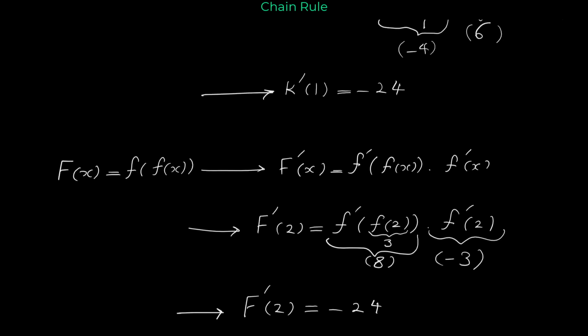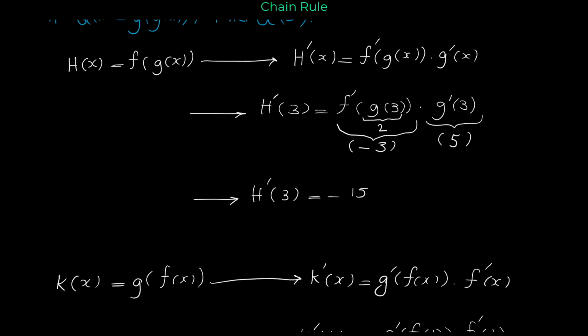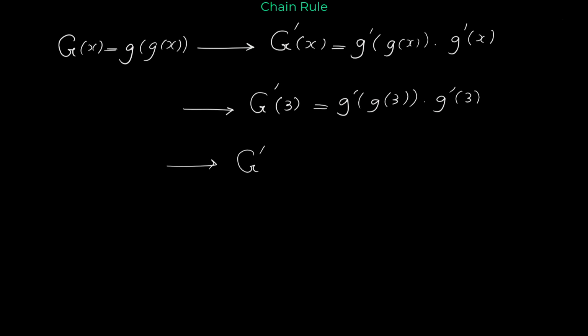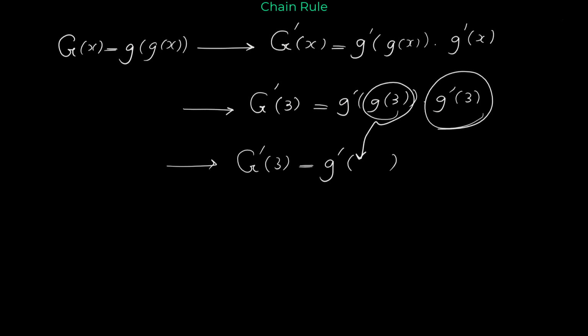Now plug in 3 for x. So we have G prime at 3 equals g prime of g of 3 times g prime at 3. G prime of 3 would be equal to g prime of the value of g of 3 goes here, times the value of g prime of 3.